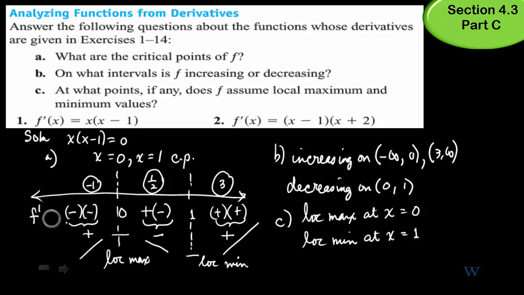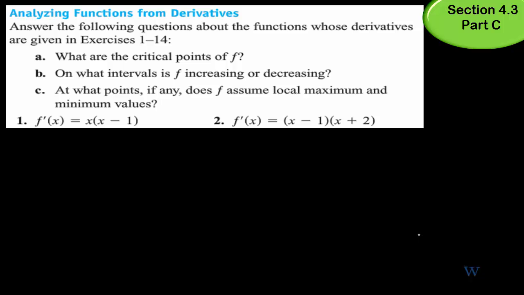Plug it into the derivative, and it tells you whether it's positive or negative. That gives us the intervals on which it's increasing, when the derivative is positive, and decreasing, when the derivative is negative. When you go from increasing to decreasing, that gives us a local max, and from decreasing to increasing, that gives us a local min.